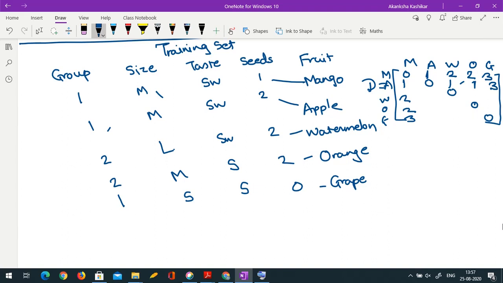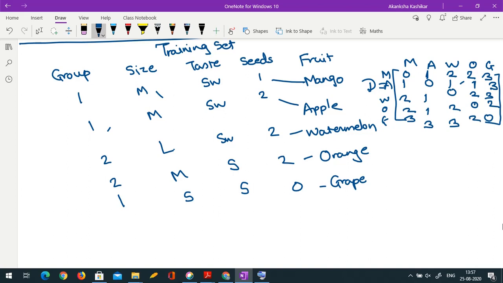So 0, 1, 1, 3. Now the distance of watermelon from orange and grape. Watermelon to orange is 1, 1 and 0, so 2. Watermelon to grape would be 1, 1, 1, so 3. And then orange to grape is 1, 0, 1, so 2.